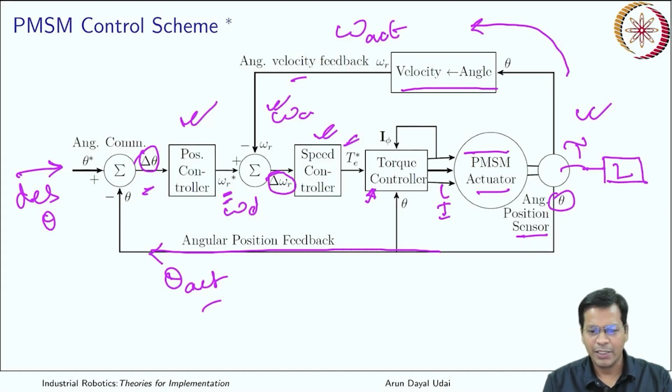Now you may have a direct angular feedback over here, or you may just have a velocity sensor which is taking the omega. So you don't need to convert angle to velocity, the rate of change of angle. You can directly get the velocity feedback, and you can compare it over here in the summing block. And finally the difference is going to a speed controller, which gives you an output of torque.